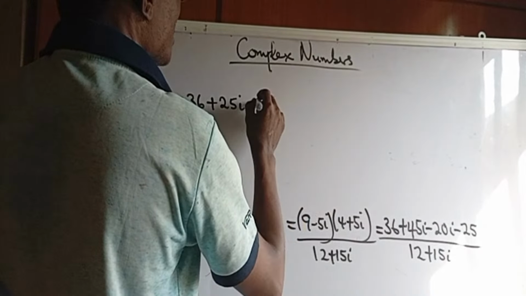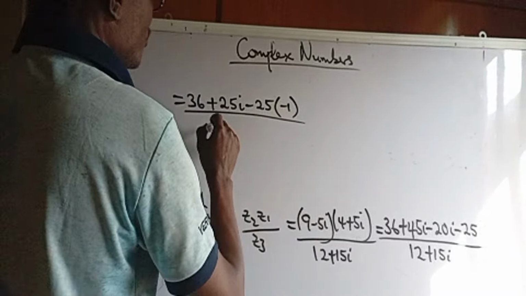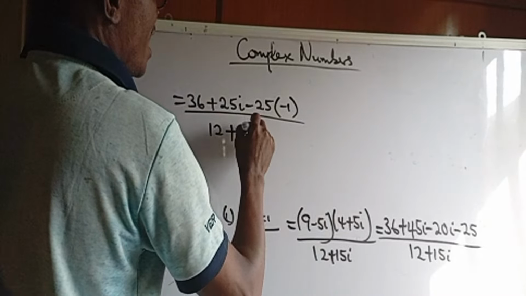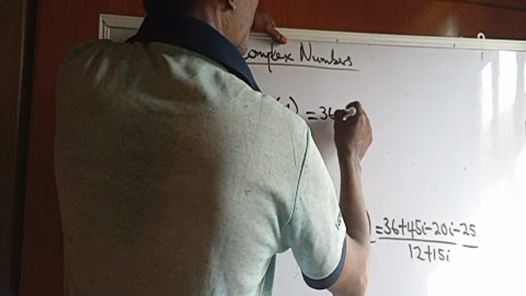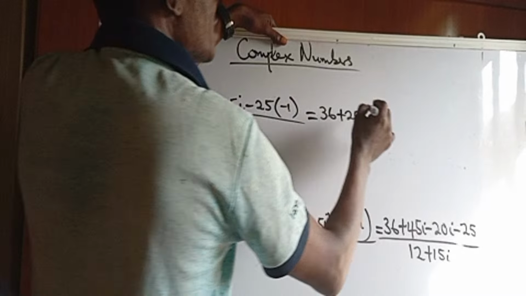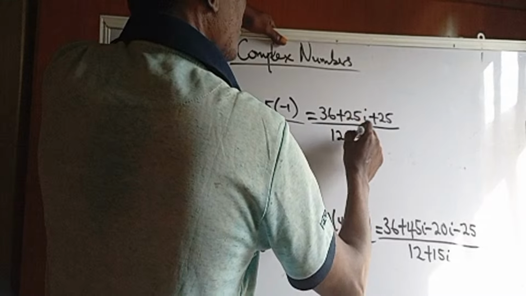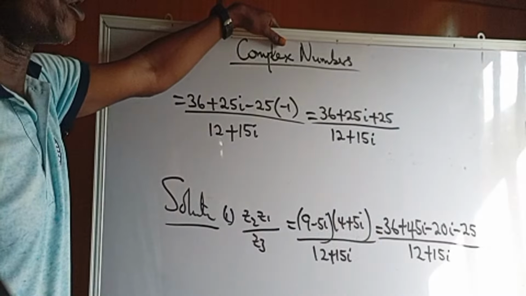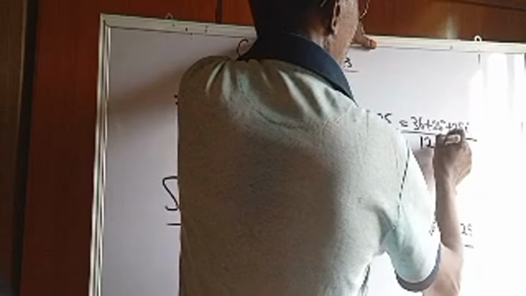Then minus 25 times i squared, which is minus 1, all over 12 plus 15i, which is what? 36 plus 25i. Then minus times minus is plus. 25 times 1, that's plus 25 all over 12 plus 15i. So you have 36 plus 25, good. Then plus 25i all over 12 plus 15i.